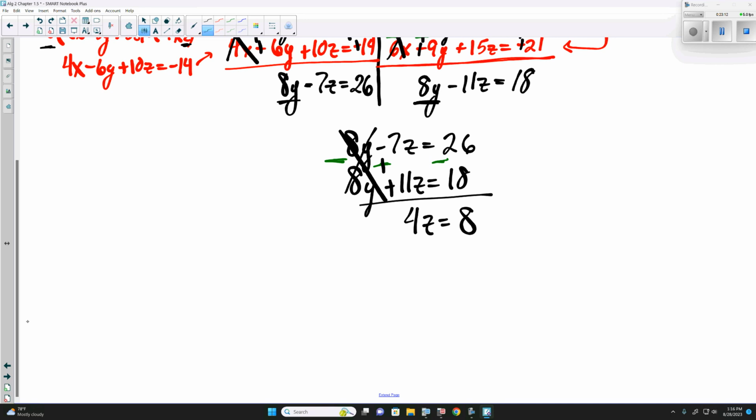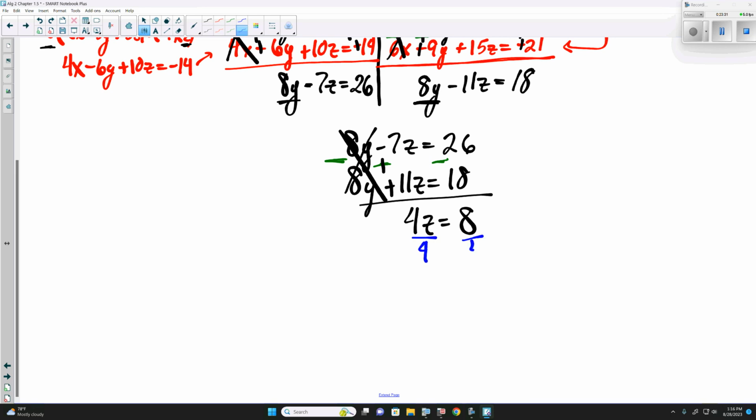Well, first thing we need to solve for is z. How can I solve this for z? So we're looking for z equals 8. How can I solve that for z?